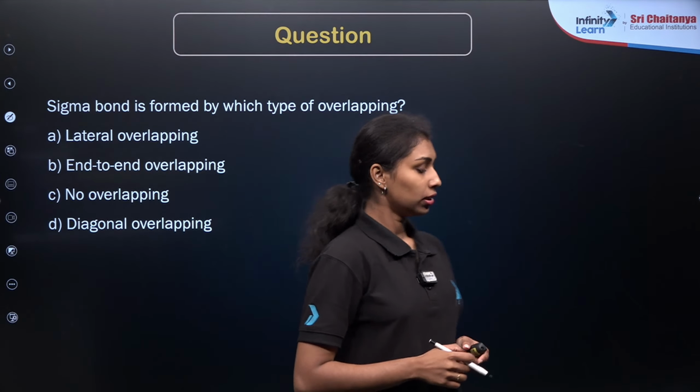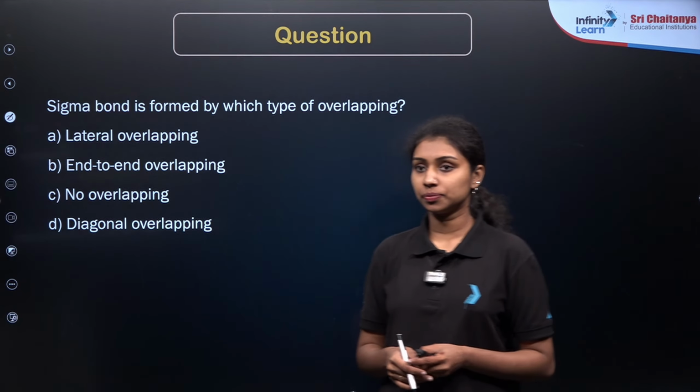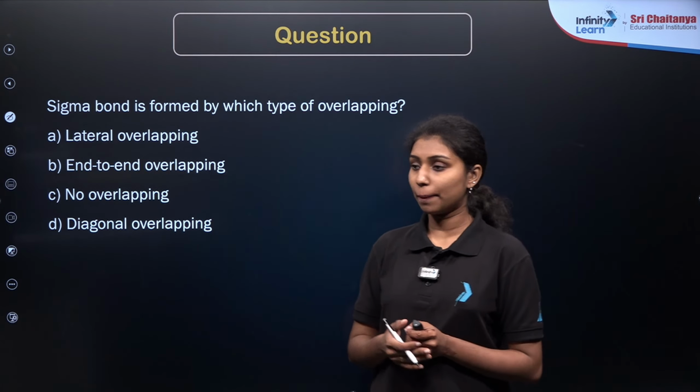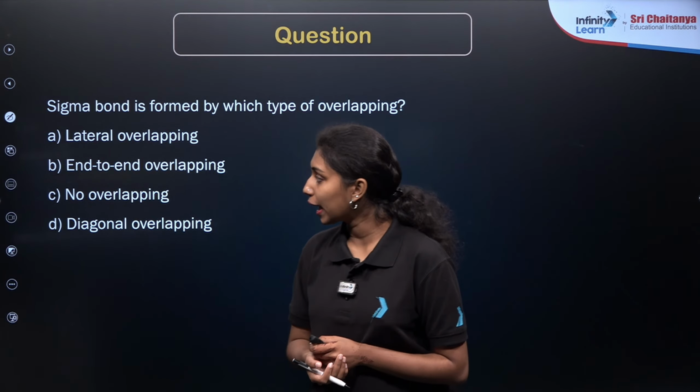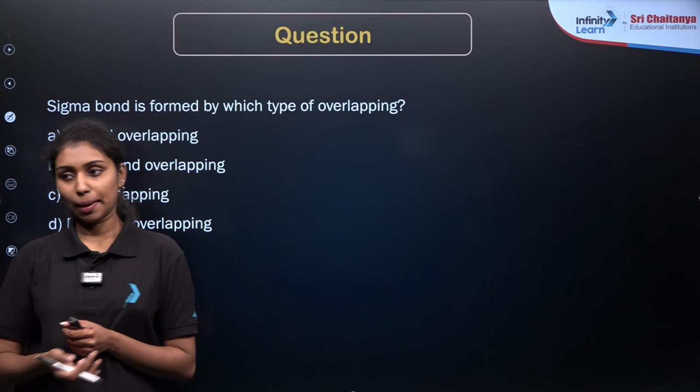Here is the next question. Sigma bond is formed by which type of overlapping? Whether it is formed by the head-on overlapping or sidewise overlapping or the end-to-end overlapping. So there will be different names for the head-on overlapping.